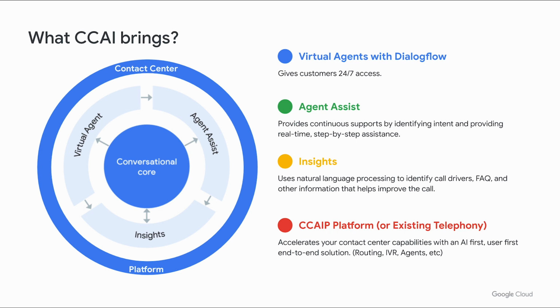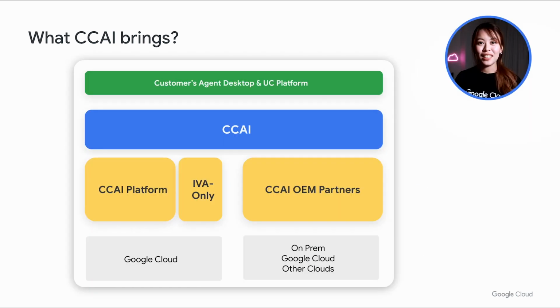Generally, we have been working with a telephony partner like Avaya and Genesys to help our customers utilize this technology and drive this into their own business. In 2023, we are offering a new product, the CCAI platform, to give our customers more options when deploying CCAI.